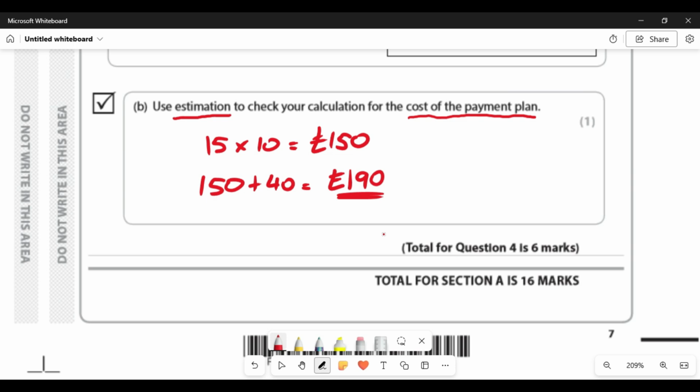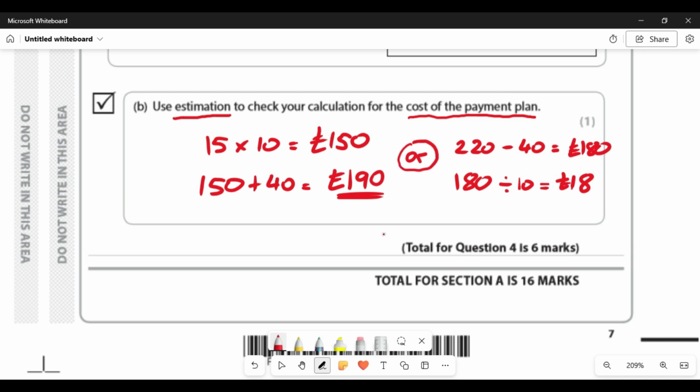So obviously working backwards, instead of 216, you could say 220, take away 40, gives you 180, and then the opposite of multiply is divide. So you could do 180 divide by 10 gives you £18, which is roughly equal to the £15 that they mentioned in the question. So two ways of doing that.